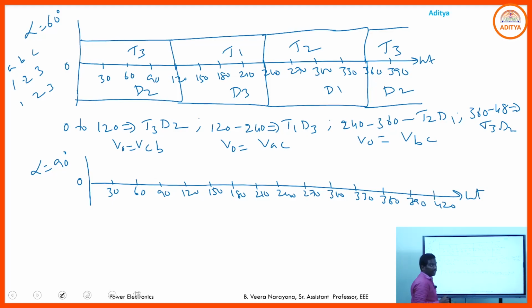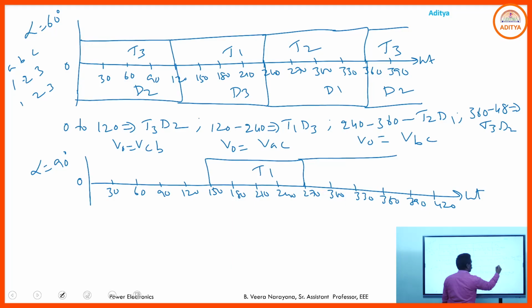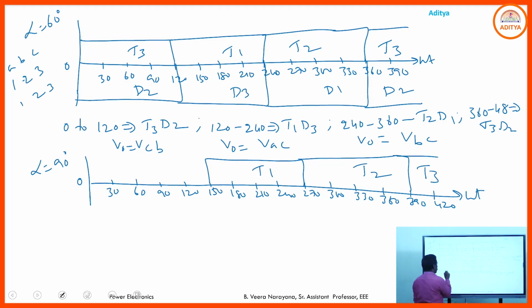If alpha is equal to 90, where does T1 come to the on state? At 150. 150 to 270, T1, 270 to 390, T2, next T3, the ending portion is 150 and the starting portion is 30.